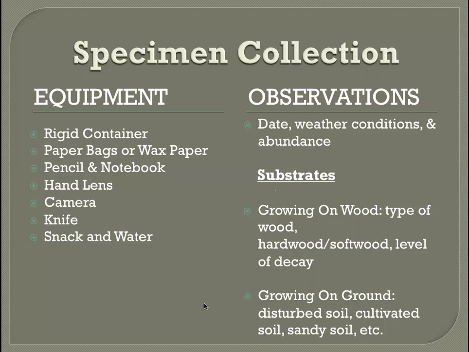It's important to record the quality of the substrate here. That will give us an indication of who this organism might be. And also, if it's growing on the ground, we can look at some of the features, like whether it's cultivated soil, whether it's sandy soil, whether it's disturbed soil, whether it's a hard-packed dirt parking lot, versus a grassy patch in the forest.